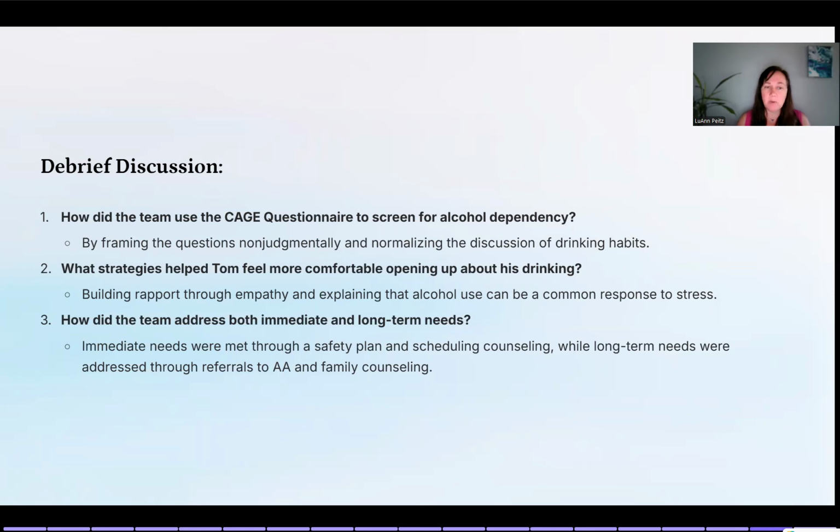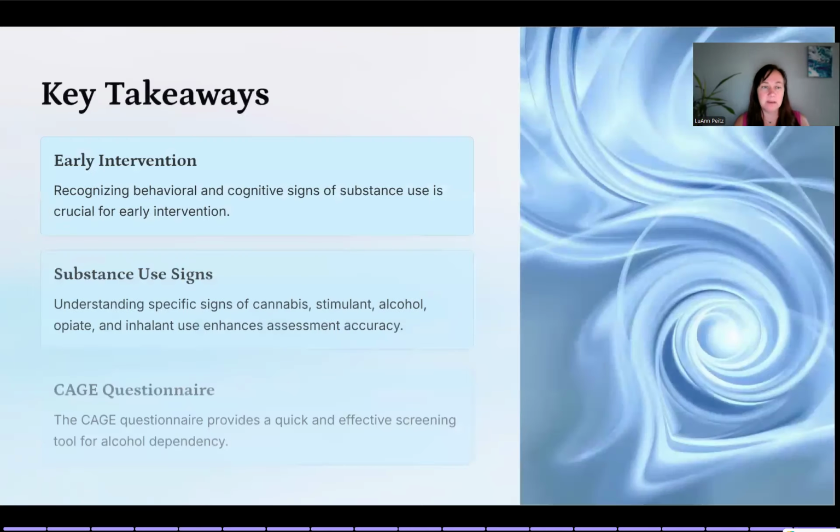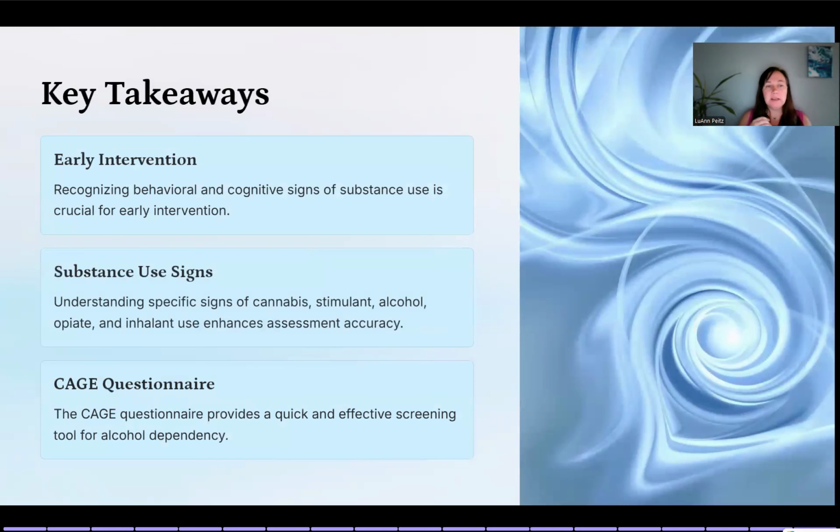So they built rapport through empathy and explaining that alcohol use can be a common response to stress, because that's true, right? How did the team address both immediate and long-term needs? Well, immediate needs were met through a safety plan and scheduling counseling, while long-term needs were addressed through referrals to AA and family counseling.